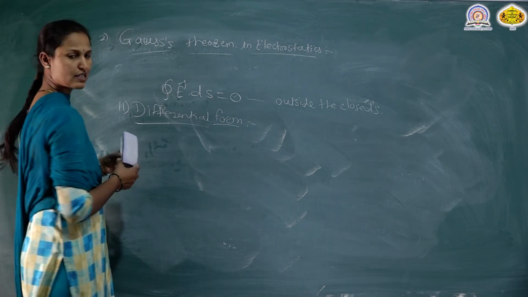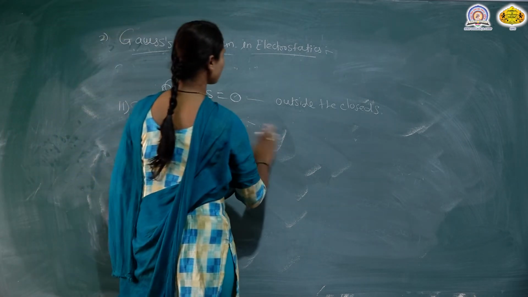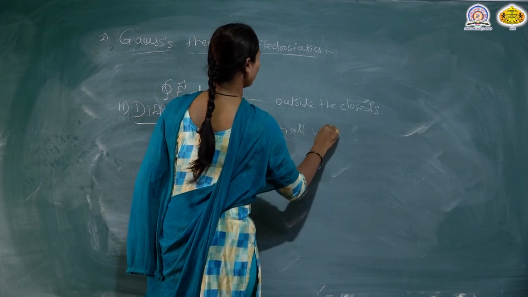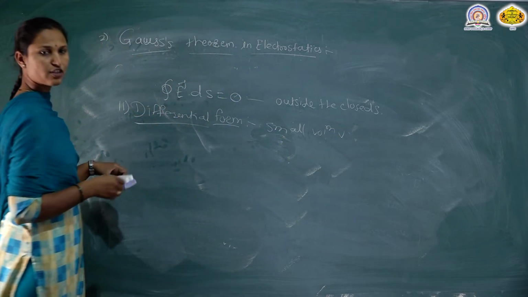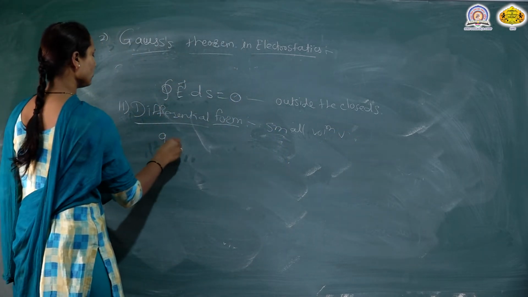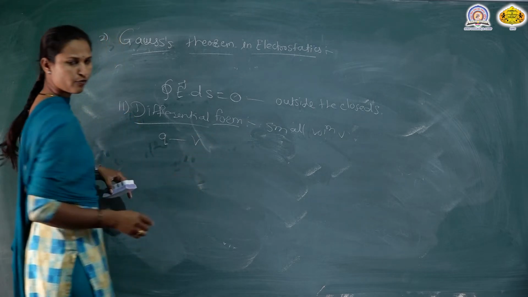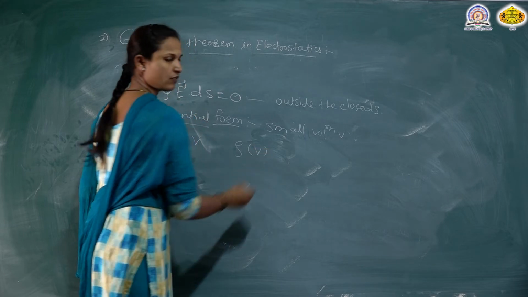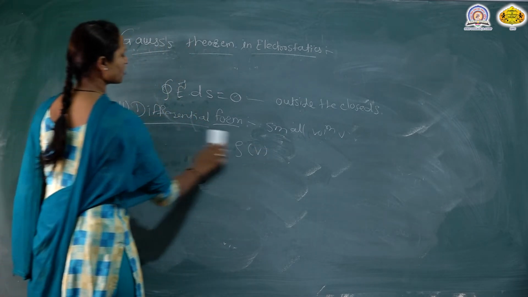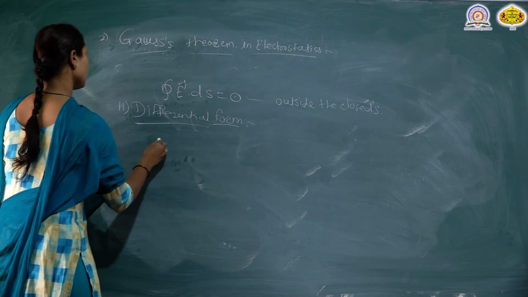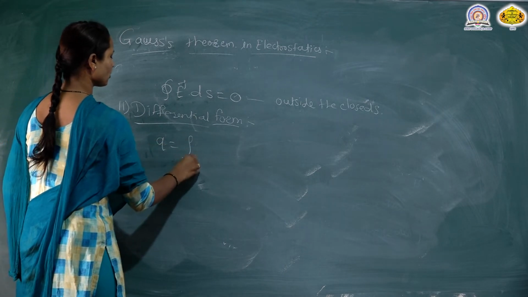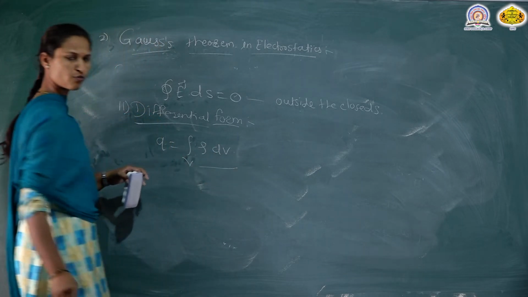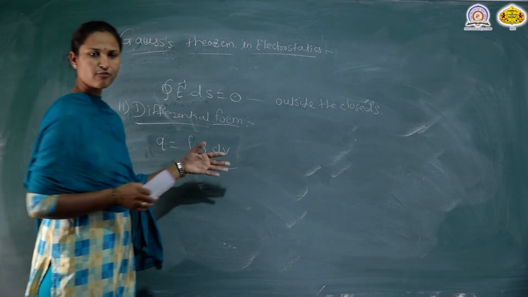In this form, for the volume charge distribution, take a small volume element V, and the charge Q is distributed throughout the volume V, with volume charge density rho. Then the charge Q equals the integration of rho dV, the charge distributed over the volume.